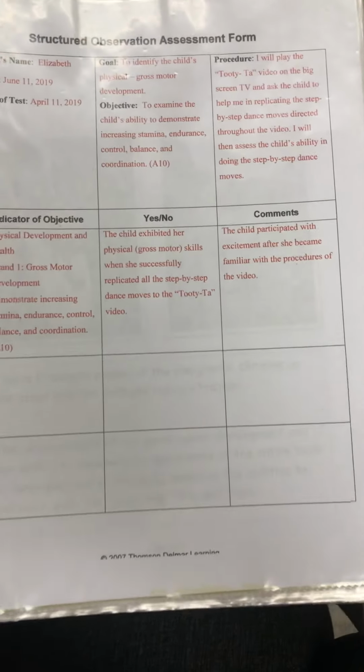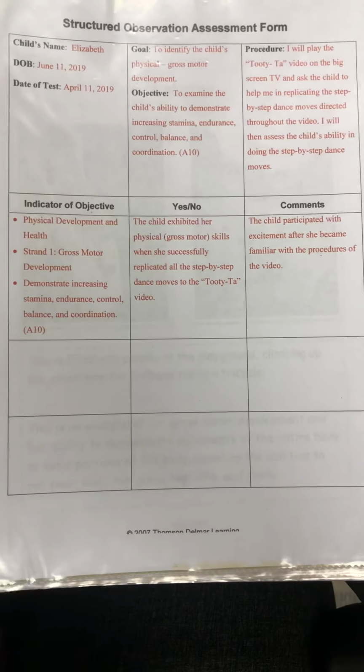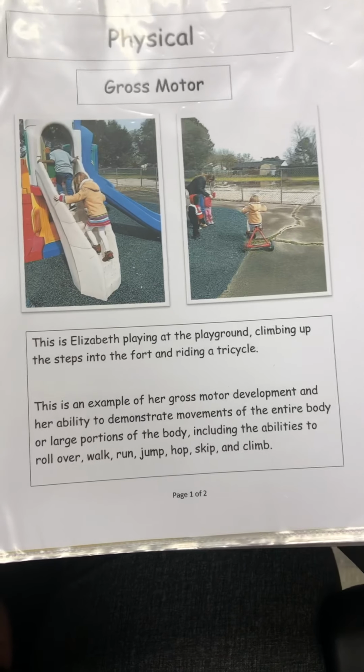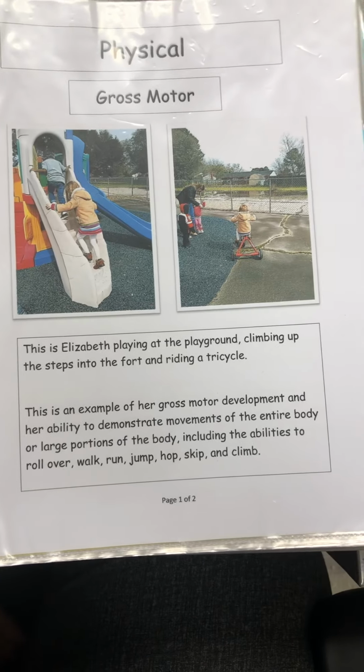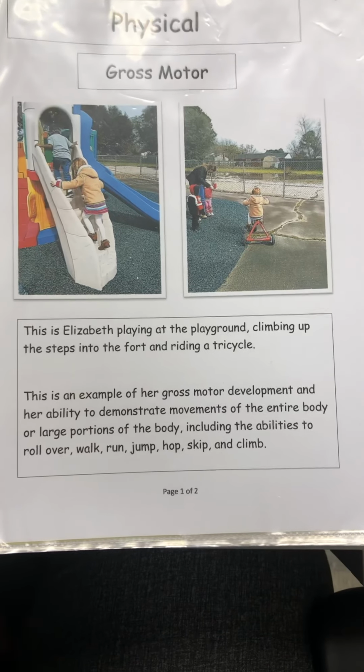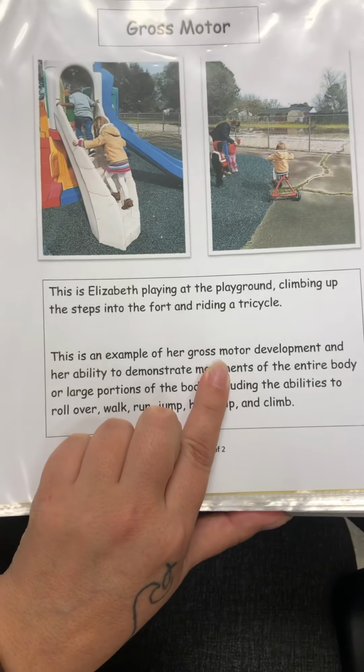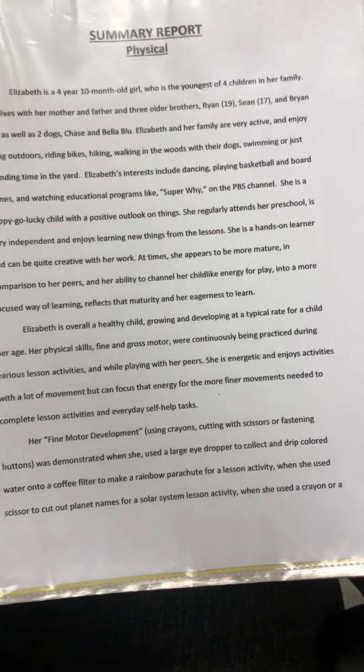And then there's a structured observation. There is the visual documentation. You can see there's a caption that says what the child is doing. It talks about her gross motor development while she's climbing. And then there is the summary report.